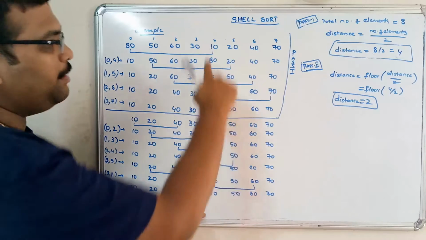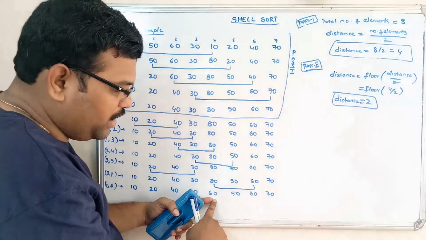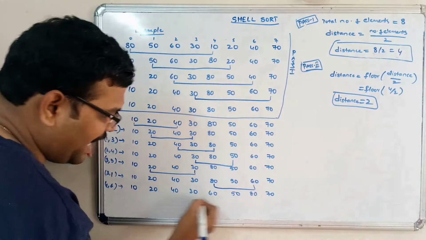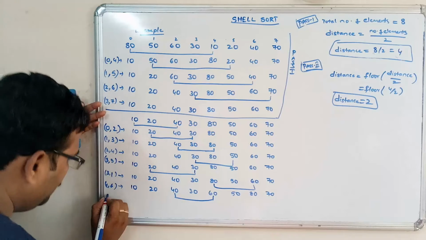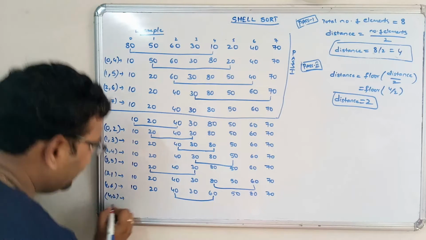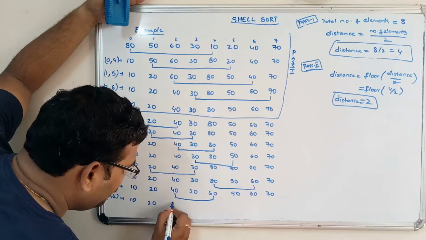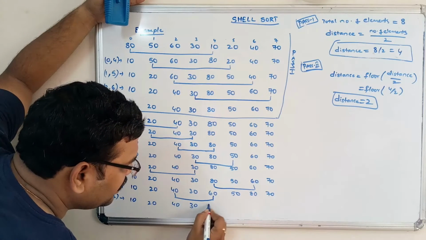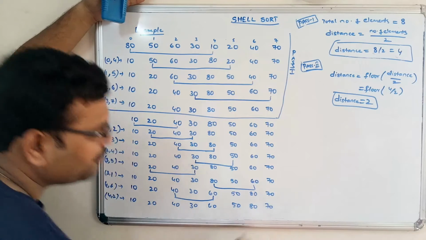Now the fourth element has been changed, right? Previously the fourth element was 80, now the fourth element is 60. So backtrack: the fourth element should be compared with the second element. They are already in sorted order: 10, 20, 40, 30, 60, 50, 80 and 70.